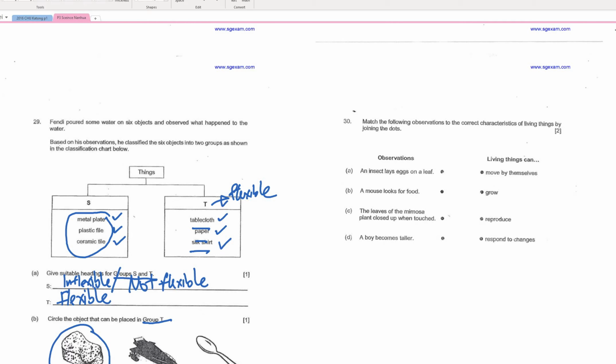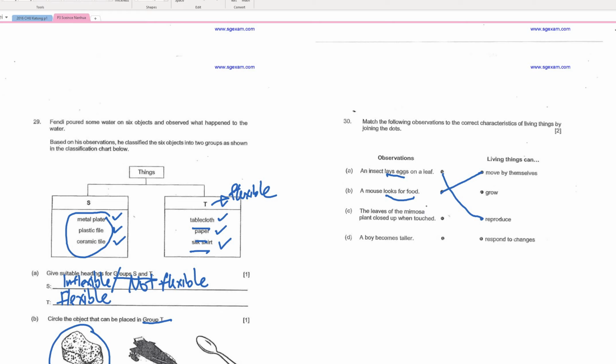Match the following observation to the correct characteristic of living things by joining the dots. An insect lays eggs, so they can reproduce. A mouse looks for food. When it's looking for food, it is moving around, so they can move by themselves. Next, the leaves of the mimosa plant close up when touched.